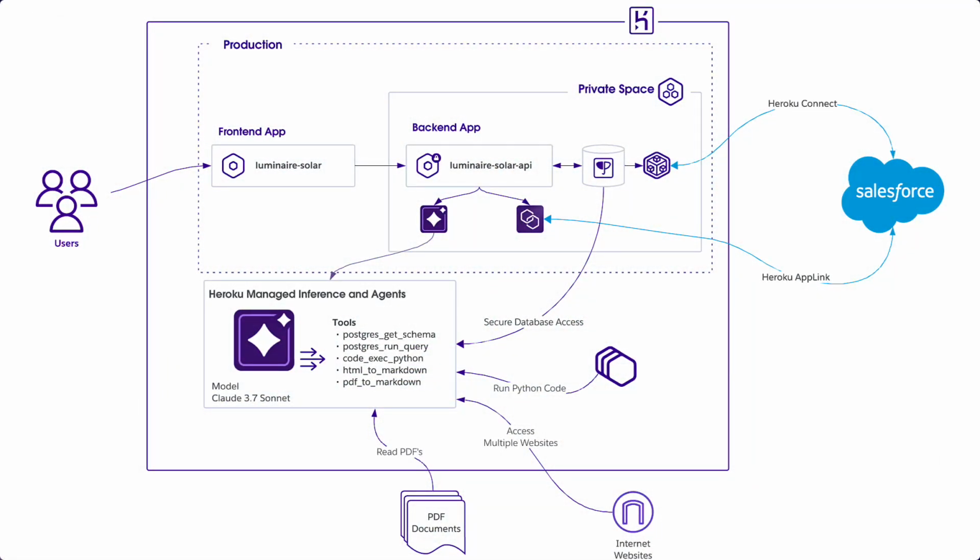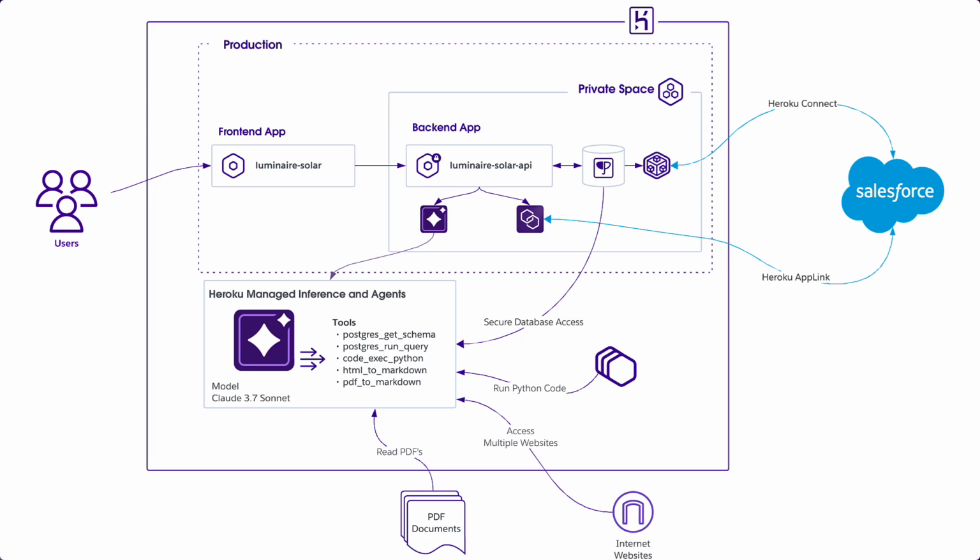Here's how Luminaire Solar built their application. A fast, modern front-end using React and Vite. A scalable backend using Node.js and Fastify to handle business logic. Heroku Postgres to store metrics and application data.